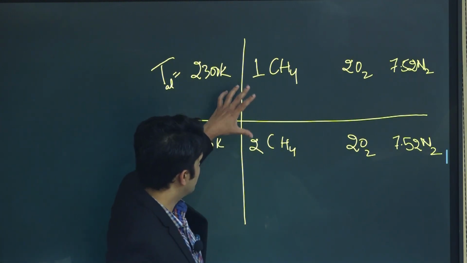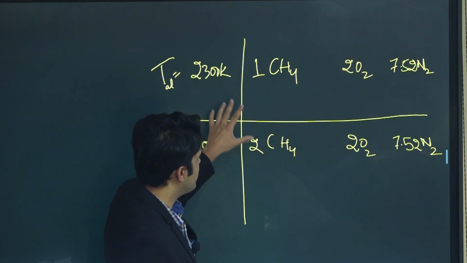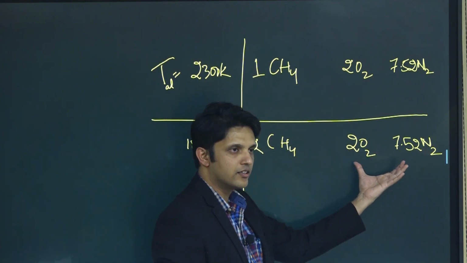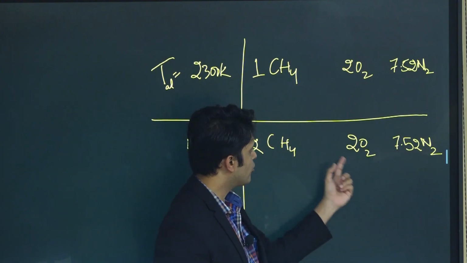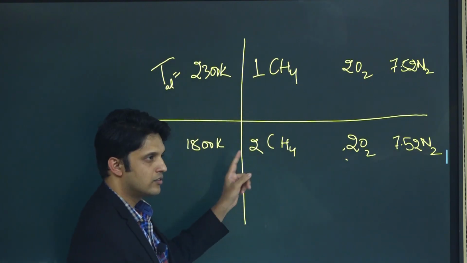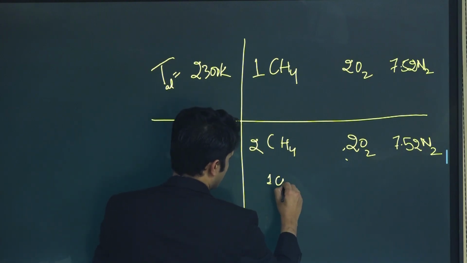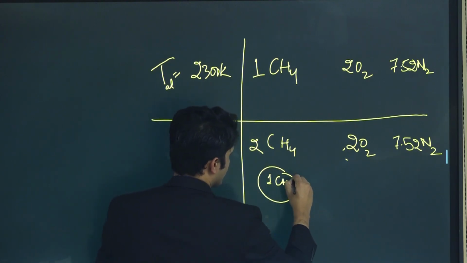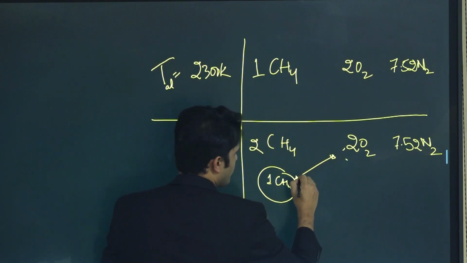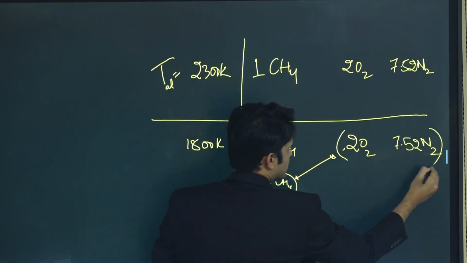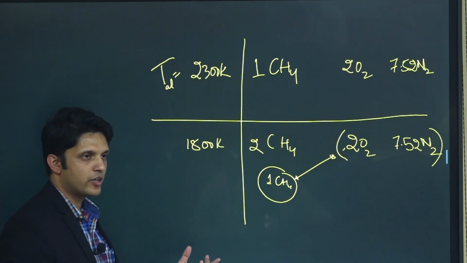So in this case, what is the deficient species? The deficient species is air, right? So this amount of air is still going to burn, let's say, 1 mole of methane. In this case also you are burning 1 mole of methane, so you have some additional methane that is not burning.